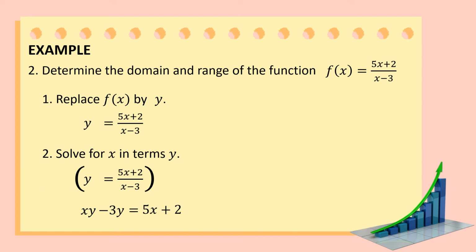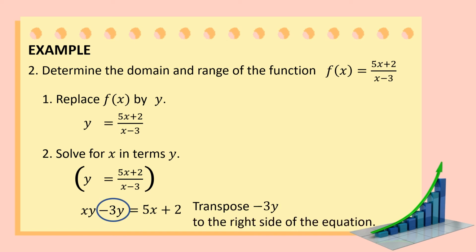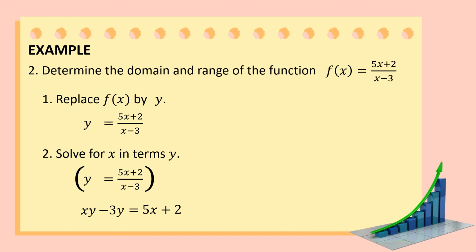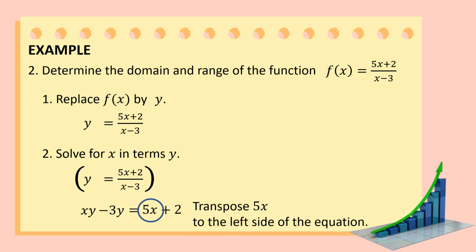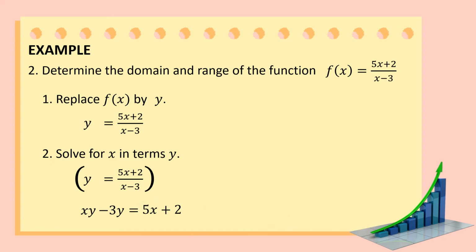We now transpose negative 3y to the right side of the equation. And we also transpose 5x to the left side of the equation. So our equation is written as xy minus 5x is equal to 3y plus 2.